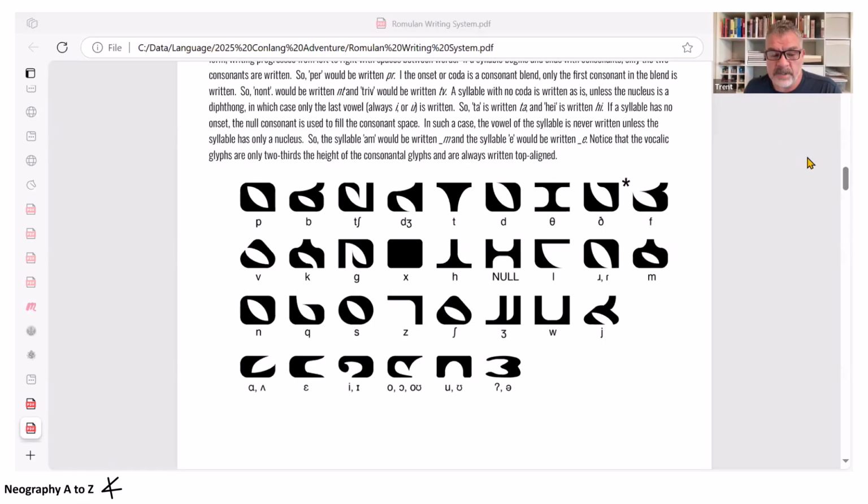So all the sounds are represented with these glyphs, and a lot of these glyphs have a remnant of something that Monty Thrasher created. So this is a little bit of a tip of the hat to him. If you look closely, for example, B sort of looks like a horizontally flipped B. And T looks very much like a T. And F looks sort of like an F that's been rotated 180 degrees.